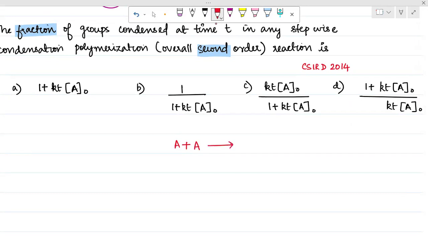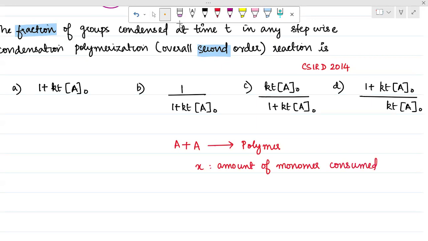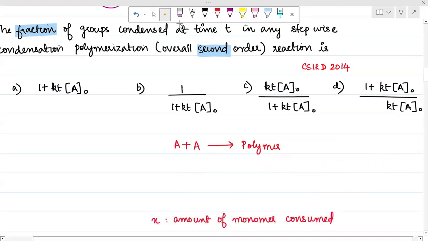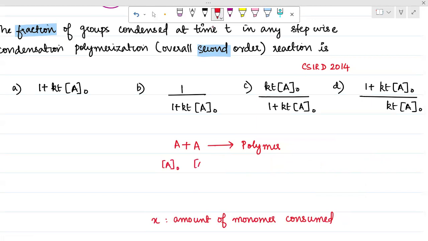Already we said that if you have monomers A combining to form the polymer, X is the amount of monomer consumed. For example, if the initial concentration of the monomer is A0 at time t equal to 0, no polymer is formed.